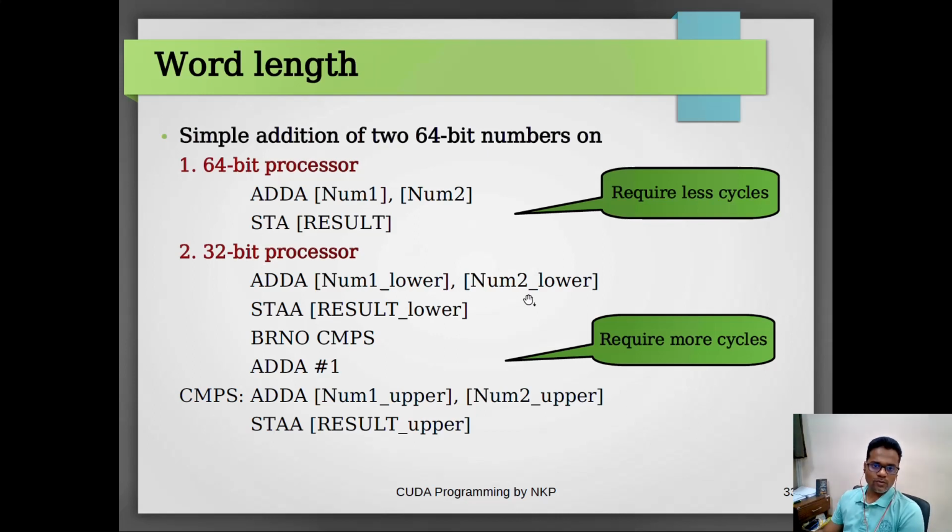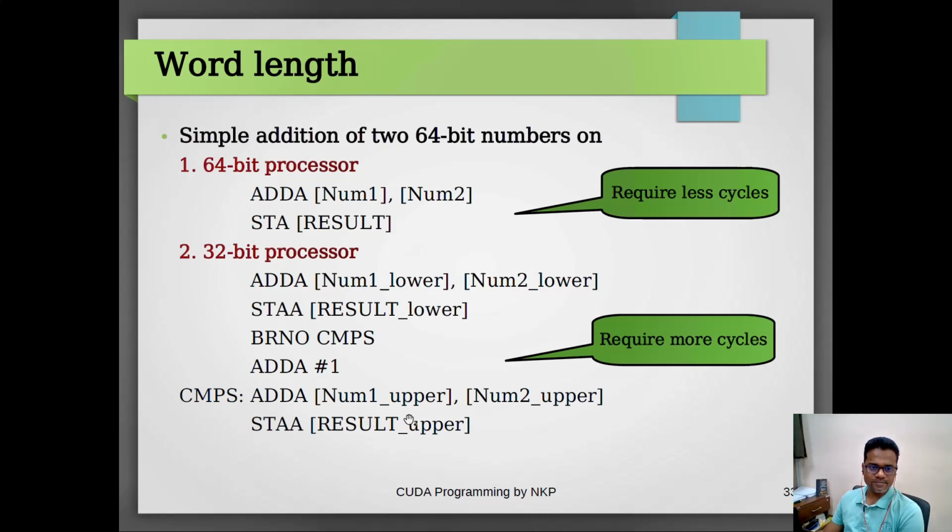In this case, first the lower 32-bit addition is performed, then we store it in an intermediate register. Depending on whether a carry is generated, it will be forwarded to the upper 32-bit addition. If not, we can directly perform the upper 32-bit addition.